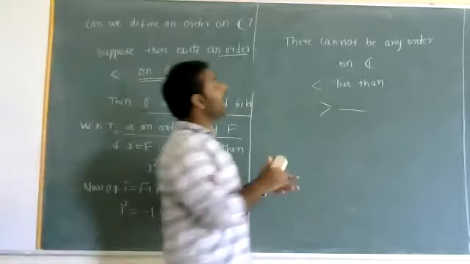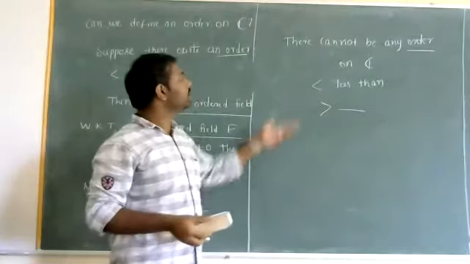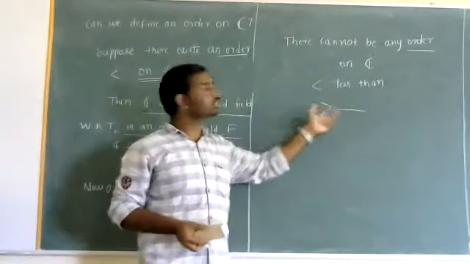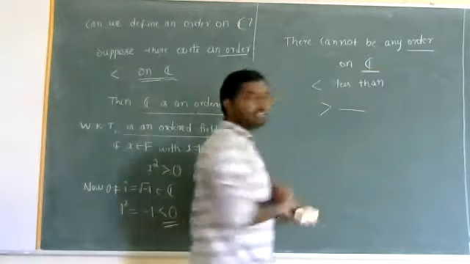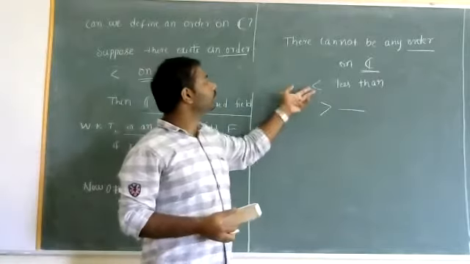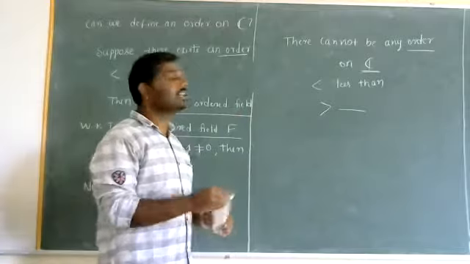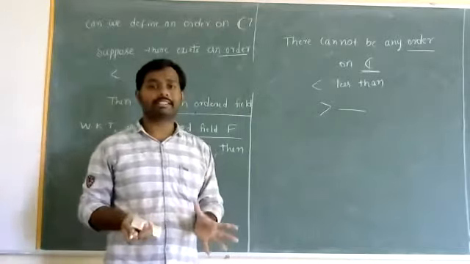So in general, as there cannot be any order on C, these two, the usual less than and usual greater than, will not be an order on C, right? So by this observation, I can say that there is no notion of smaller and bigger complex numbers.